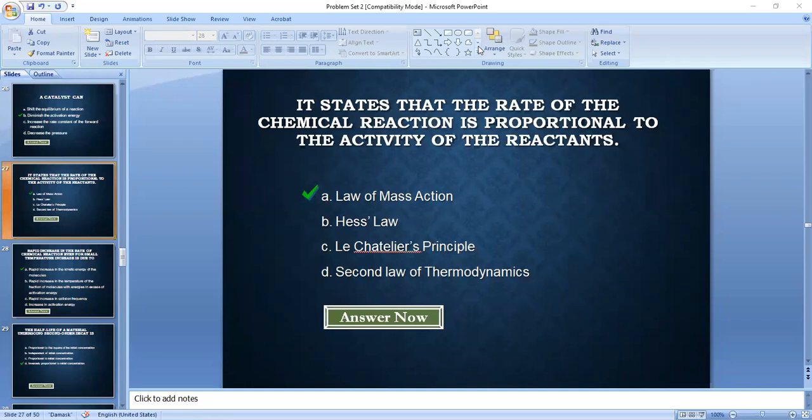Okay, somebody wrote in the chat box. Le Chatelier's. Giselle, what are you saying about Le Chatelier's? Le Chatelier's counteracts the change so that the equilibrium is re-established. Okay, Joanna is saying that Le Chatelier's counteracts the changes so that equilibrium is re-established.